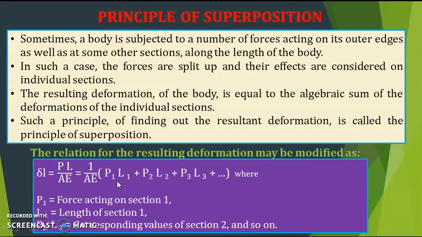Then you can write P1 L1 plus P2 L2 plus P3 L3, where P1 is the force acting on section 1 and L1 is the length of section 1, and P2 L2 are corresponding values of section 2 and so on. So total deformation can be calculated by considering the algebraic sum of the deformations of the individual sections.